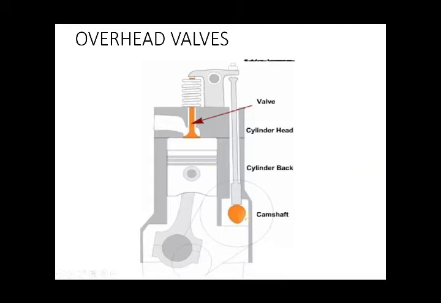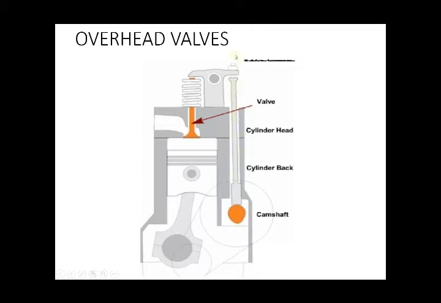So we have a camshaft here on which there are a number of cams, and when the cam lobe, or the pointed portion of the cam, comes into contact with this follower, which we call the tappet, the tappet will rise and push this push rod. This slender or thin rod is known as the push rod.